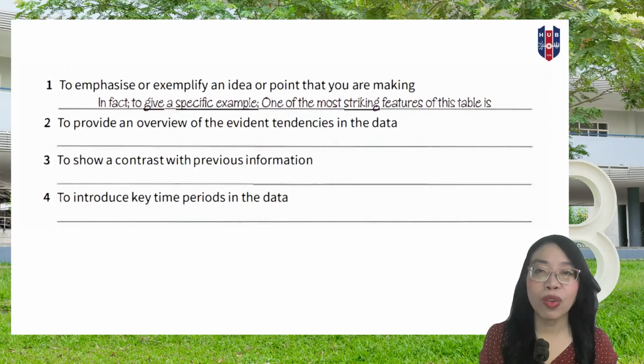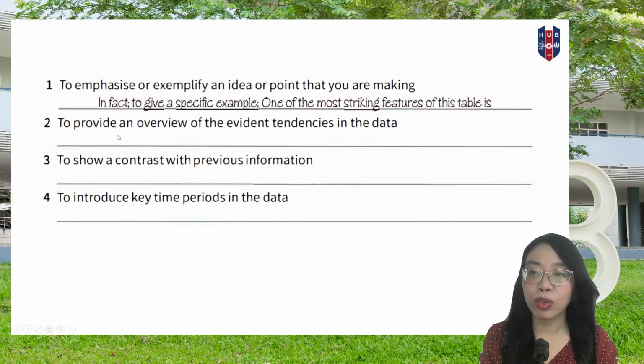Alright, so shall we take a look at the answer together? For number 1 in here, in order to emphasize or to exemplify an idea or the point, there are several ways that you can say it. To emphasize, you can say "in fact," or "one of the most striking features of this table is." And to give an example, to exemplify, you can say "to give a specific example."